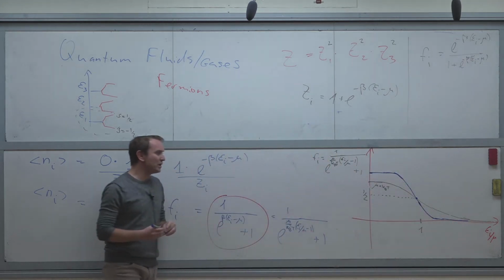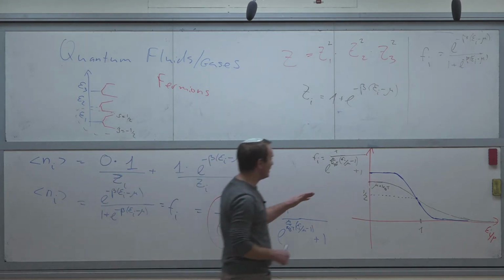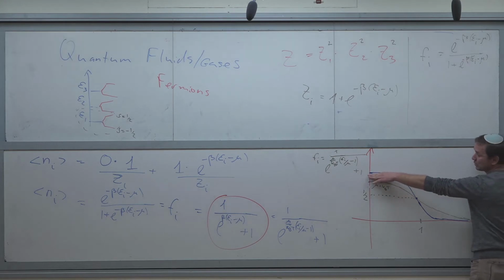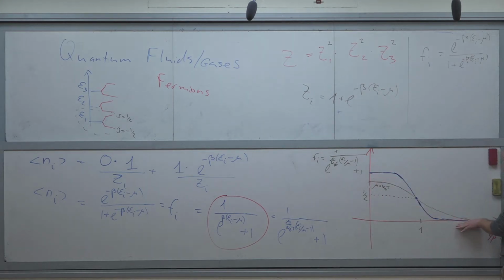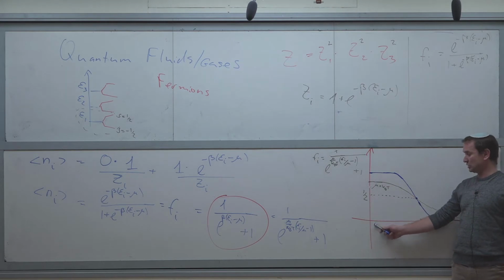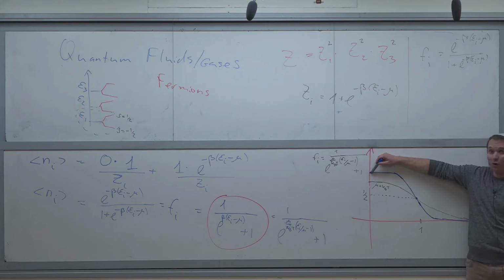So what we see is that we increased our chemical potential, and the function looks much more like a step function. It is almost constant over here, it decays towards 0, and we have some transition region. What it means is that when the energies are very small and the chemical potential is big compared to k Boltzmann T, the probability of the state to be occupied is almost 1.